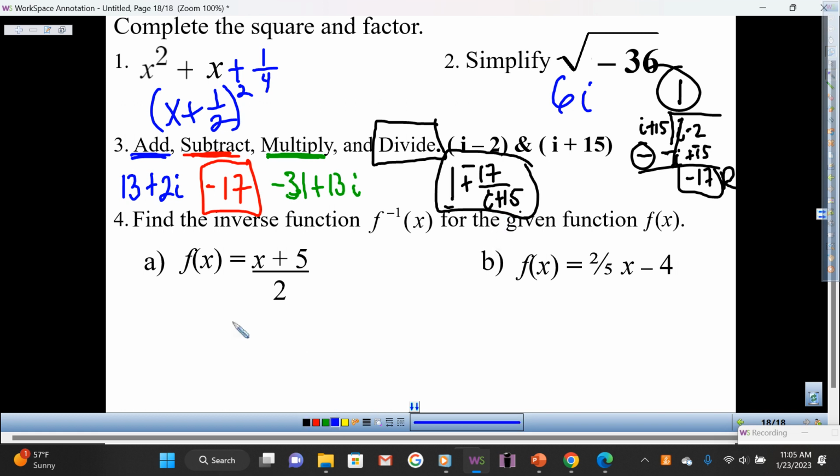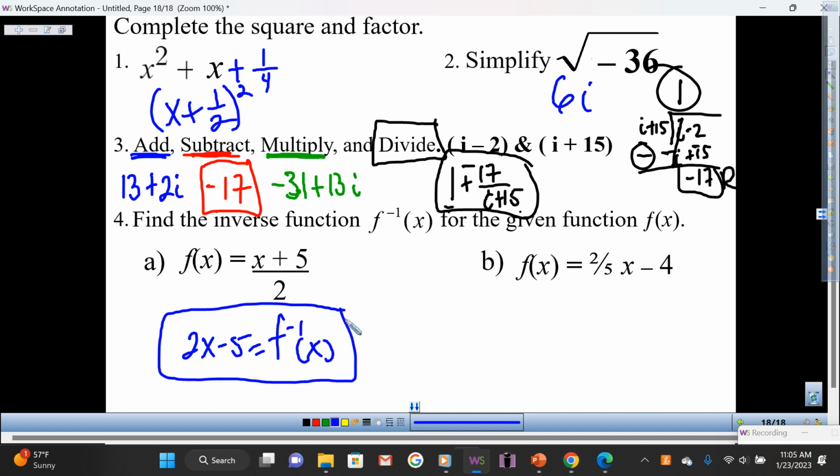All right, number 4a, inverse. Julian. That is correct. Check your work, please. And number 4b, what did you get? 5x plus 20 over 2 equals f inverse of x.